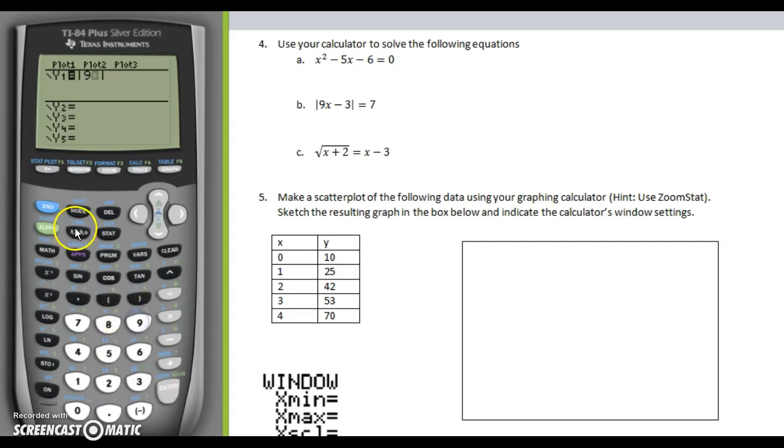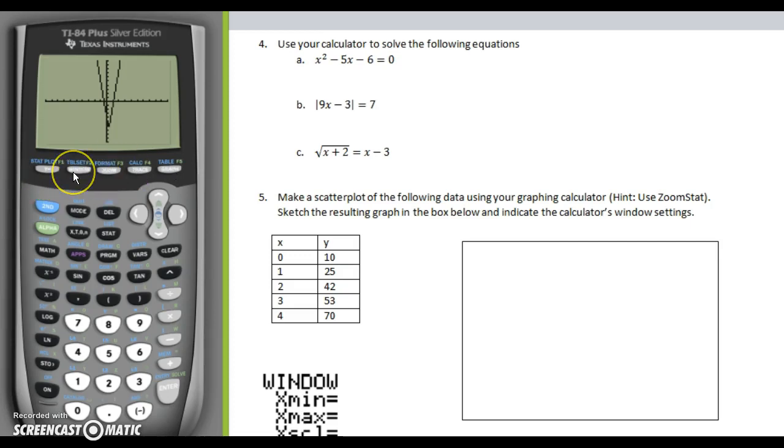So 9x minus 3 inside there, and then I want to get outside, so use the arrow. And then remember, it's going to be -7 because we subtracted 7 from both sides to get a 0 on the right hand side. So that's the function we want to graph. Okay, so as long as I can see where it crosses, that's good.